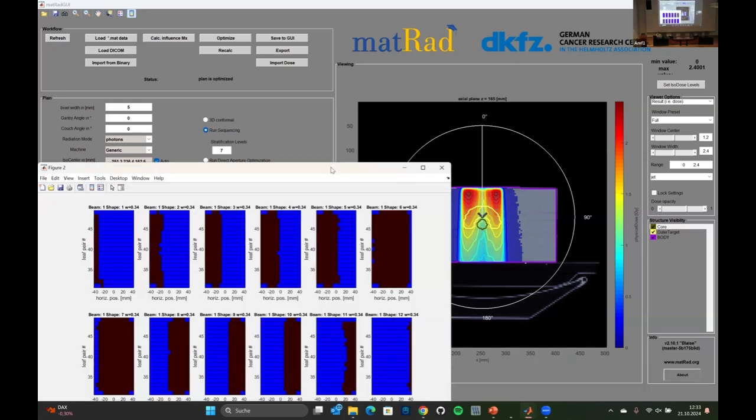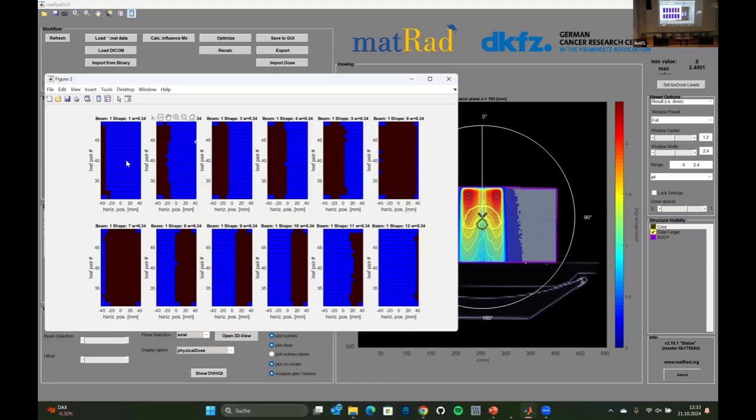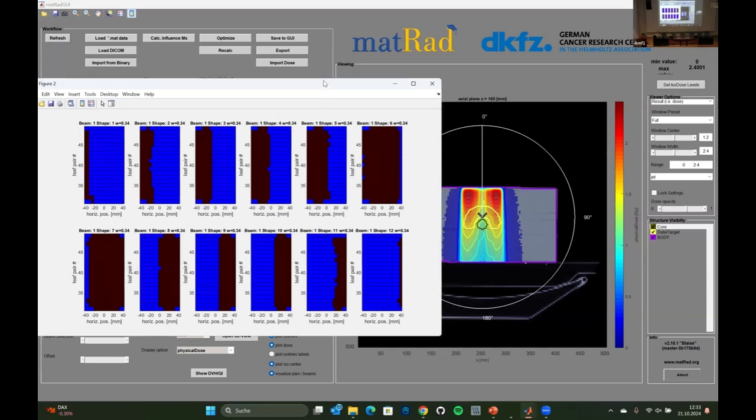Then the treatment planning system will ask the leaf sequencer to create the multi-leaf collimator shapes for this beam. Because as said, we do not configure the collimator to create the tiny beamlets step by step. We basically do what you do when you go to Photoshop and say, okay, I have an image with 16 million colors, but I now want to discretize this into only 6 color levels.